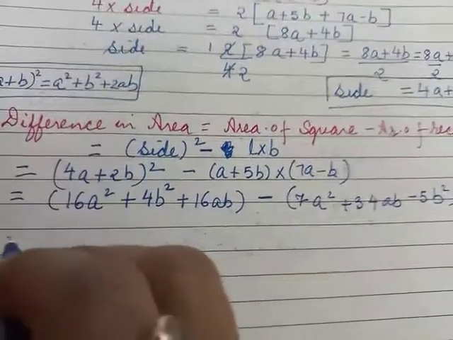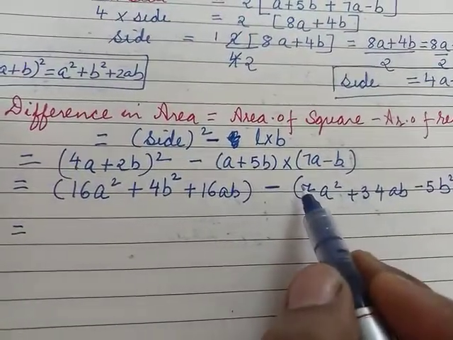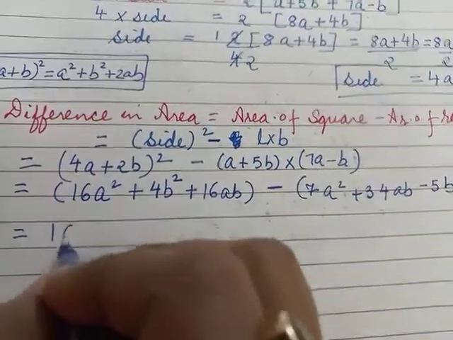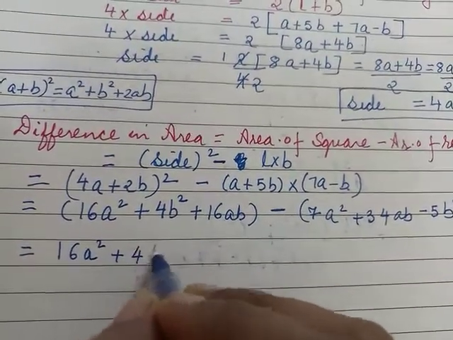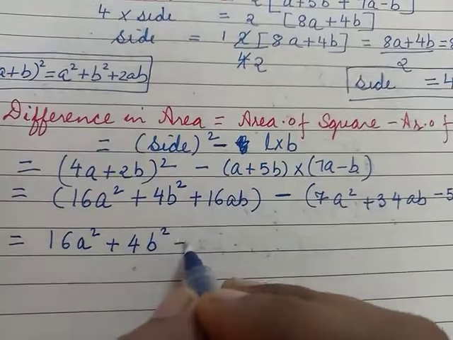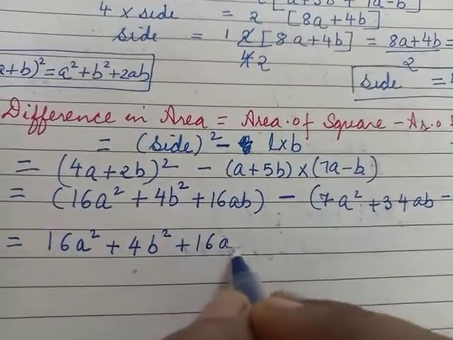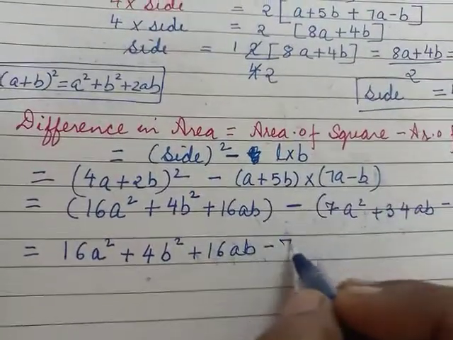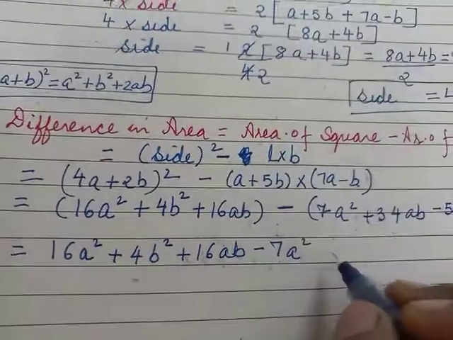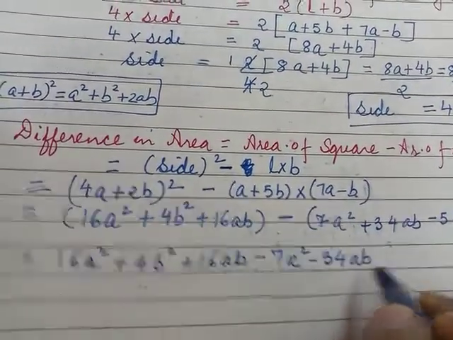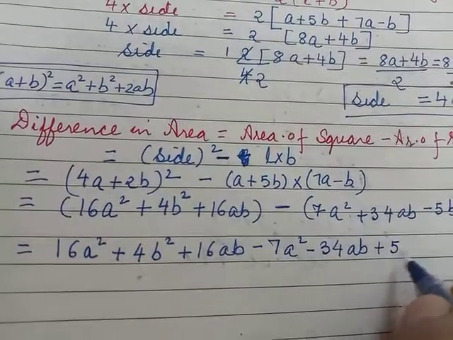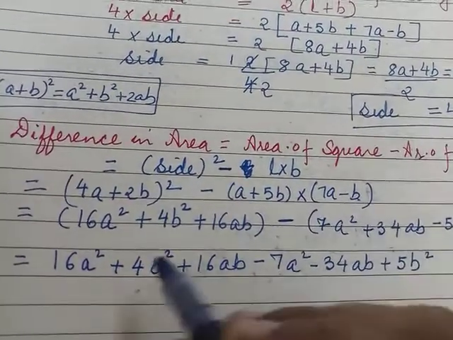Now we subtract because we have a negative sign here, so we change the signs. So first I write the 16A square plus 4B square plus 16AB minus 7A square minus 34AB plus 5B square.